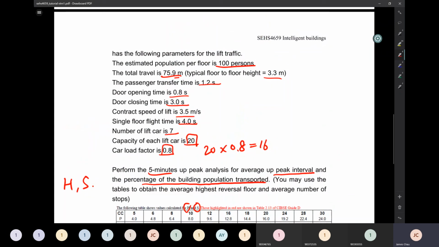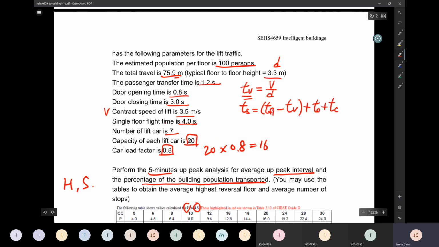So in here you can see that TV can be calculated using the speed over the single floor distance. And TS is equal to the single floor flight time TFL minus TV, which you have calculated here, plus the door opening time and also the door closing time.